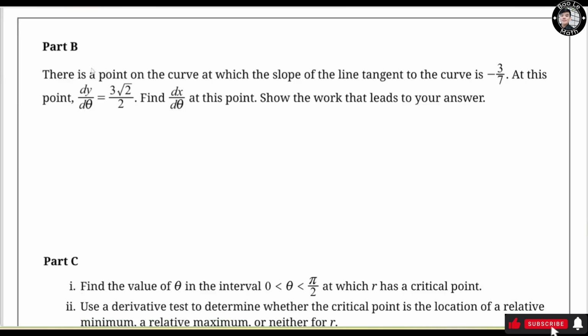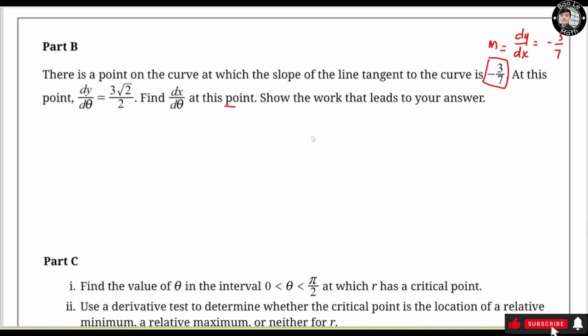Question B. There is a point on the curve at which the slope of the line tangent to the curve is -3/7. At this point, dy over d theta equals 3√2/2. Find dx over d theta at this point. Alright, so you know that the slope is m equals dy over dx equals -3/7.